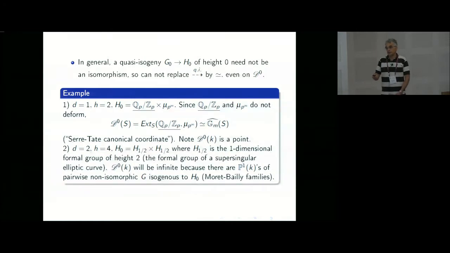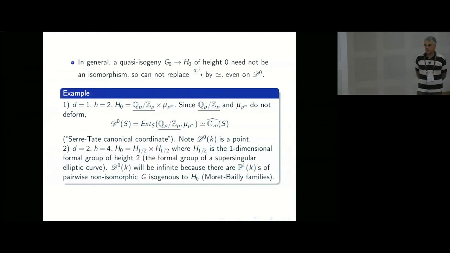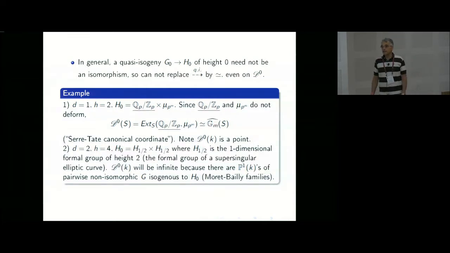And you can compute the extensions, it's an easy exercise, and you get that it's canonically given by the formal multiplicative group. So this leads to what's called the Katz canonical coordinates on residue disks, for example, of ordinary elliptic curves in the modular curve, or generally speaking in moduli spaces. If S equals K, you just get a point.